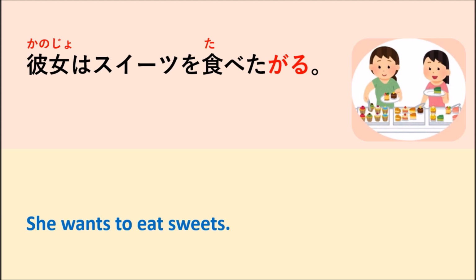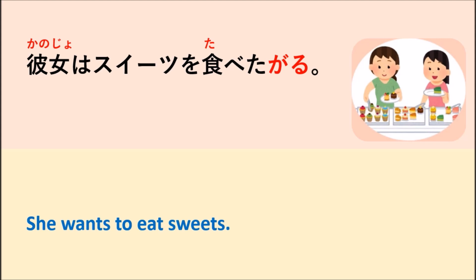So they use がる。彼女はスイーツを食べたがる。And the grammar that you have to remember here is that 食べたがる is from the word 食べる。食べる means eat. But when you want to say want to eat, you should change it to 食べたい, right? 食べたい.